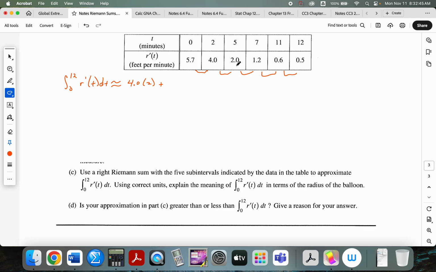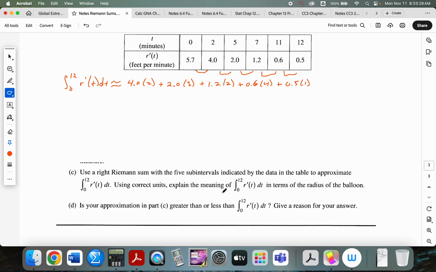Plus, on the next interval, that's going to be 2.0 times 3. Plus, on the next subinterval, I use 1.2 for those 2 minutes. Plus, I'm going to use 0.6 for those 4 minutes. Plus 0.5 for that last minute. See how the time intervals aren't all the same? That's how AP asked them.